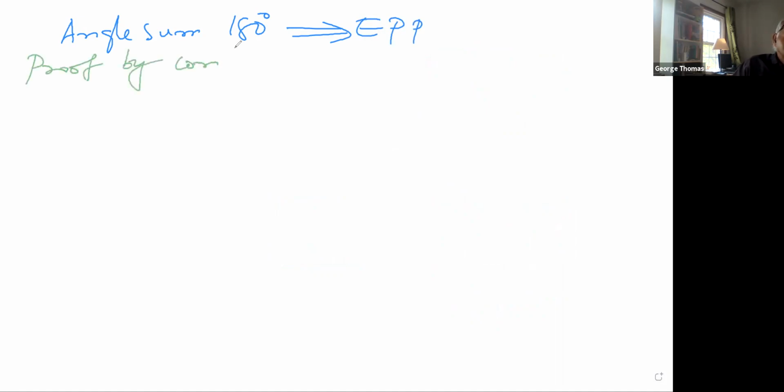We are trying to prove that angle sum 180 implies EPP. We will prove it by proof by contradiction. In proof by contradiction, we assume the opposite of what we want to prove. If we assume that and get a contradiction, then this will be true.